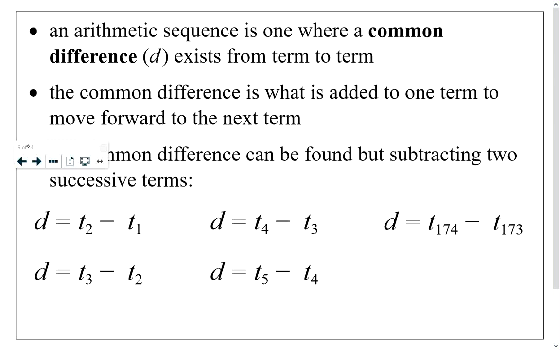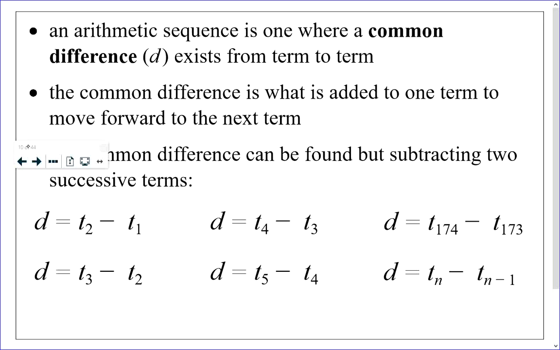Now things are going to get a little bit messy to think about. In general, I can say this. Roll that around in your head. Tn minus T sub n minus 1.